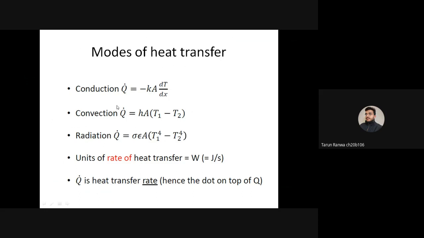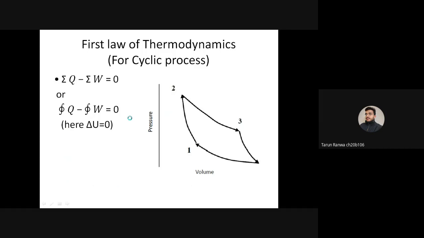The third one is radiation, and the unit of heat transfer rate should be joule per second, as we already know. Here Q dot is the heat transfer rate. Remember, we are taking the rate of heat transfer, not heat transfer.